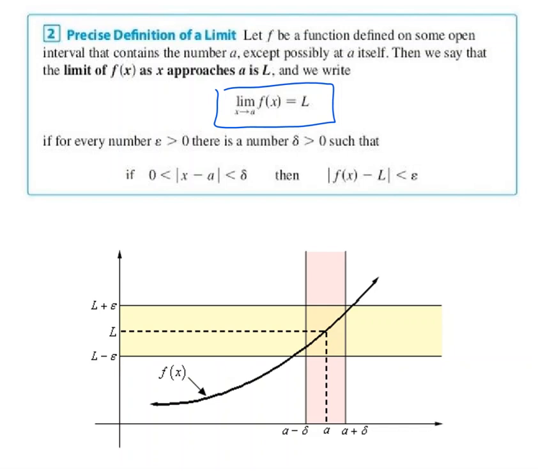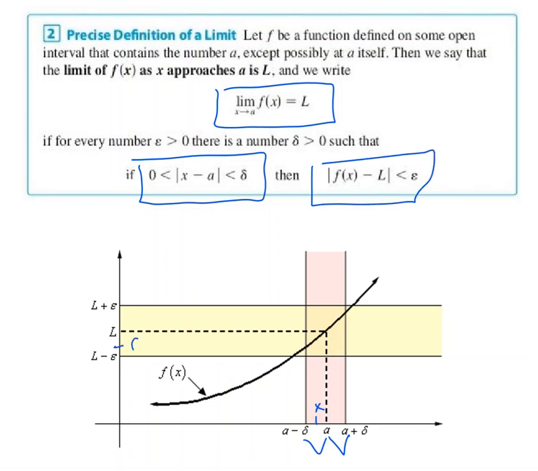So I want to take a look at this graph so that we can better describe what this limit means. So this first piece is saying that if the distance between x and a is less than delta, in other words, if we have an x value that's within delta of a, so either a minus delta to a plus delta, then this second piece is going to hold.